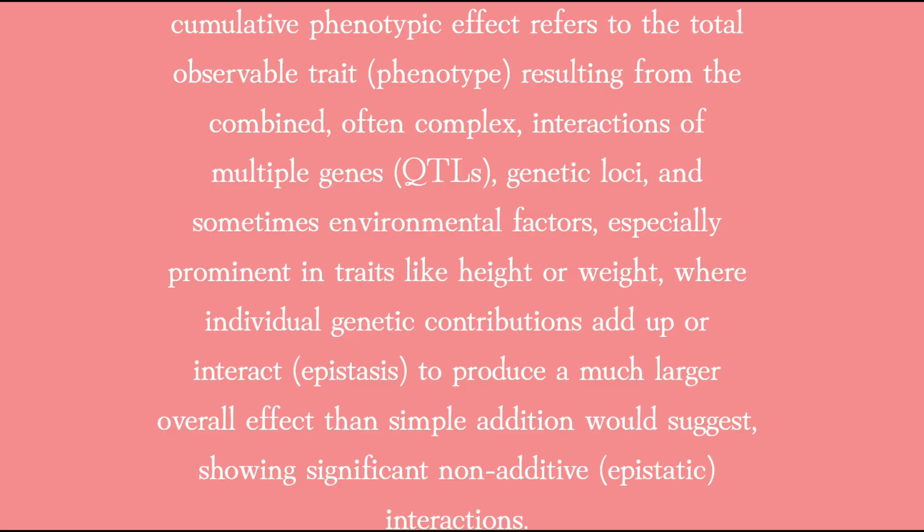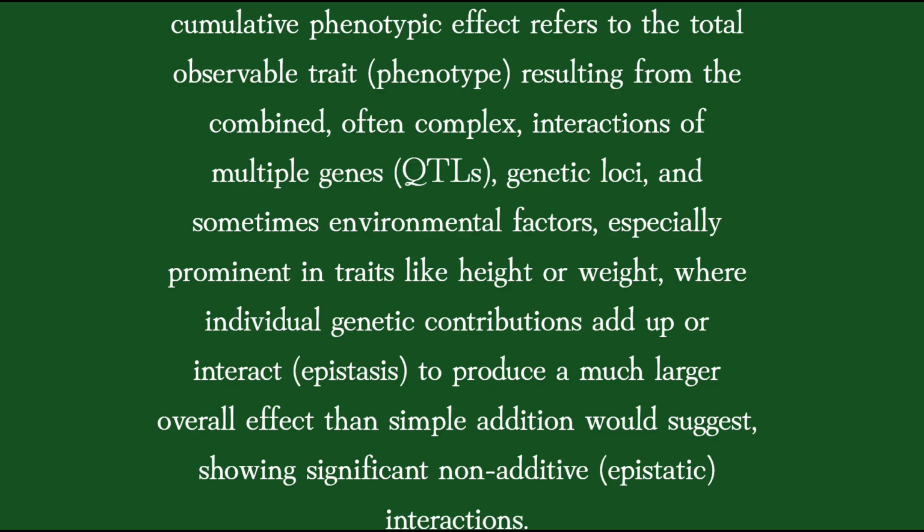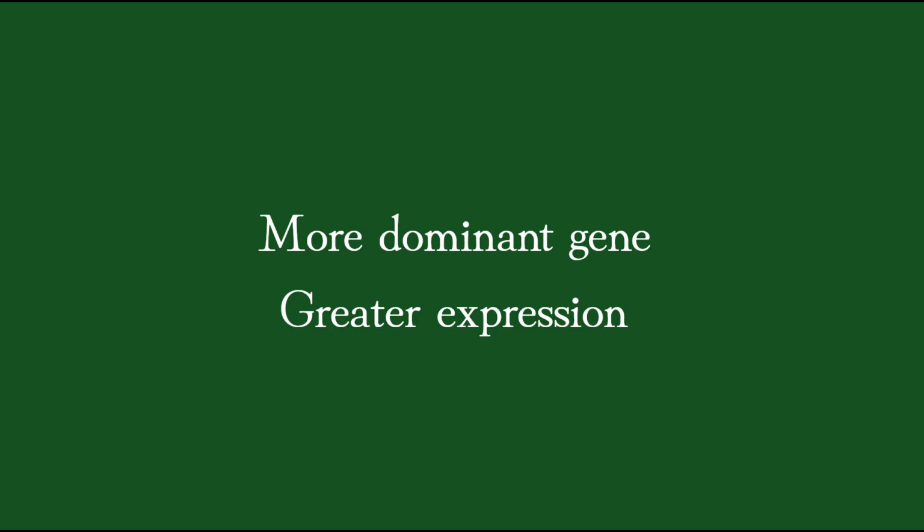Quantitative characters like plant height, the yield of crops, the size of the crop, the shape and number of seeds and fruits per plant, intelligence in human beings, and milk yielding in animals have been found to be determined by many genes, and their effects are cumulative. Each gene has a certain amount of effect, so the more the number of dominant genes, the greater the expression of that particular character.